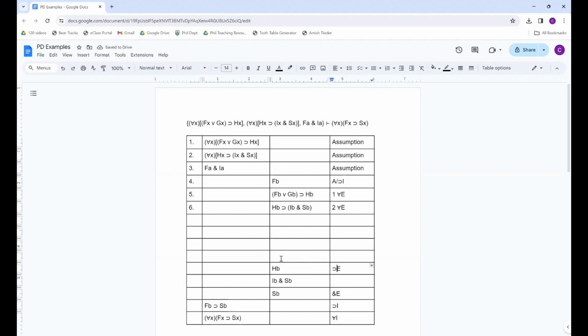We could get HB if we had FB or GB. Oh, whoops, that's supposed to be there. But actually, this would also be getting the HB by conditional elimination. So that was, in fact, right. And then the FB or GB, we can actually get that directly from 4 by or introduction.